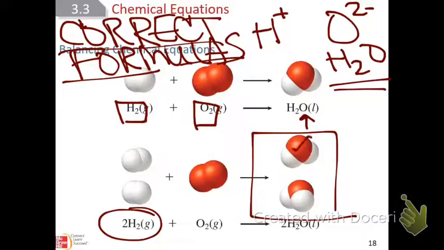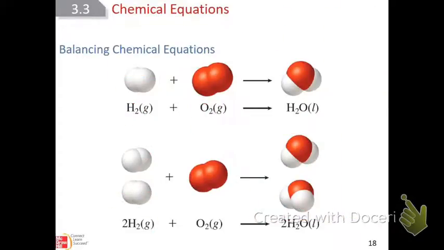Now we have 1, 2 oxygens, 1, 2 oxygens, 1, 2, 3, 4 hydrogens, 1, 2, 3, 4 hydrogens. Now everything is balanced and everything is okay in the universe because we did not destroy matter and we did not have a loose oxygen laying around out there. It is balanced. That is the whole purpose of balancing equations.